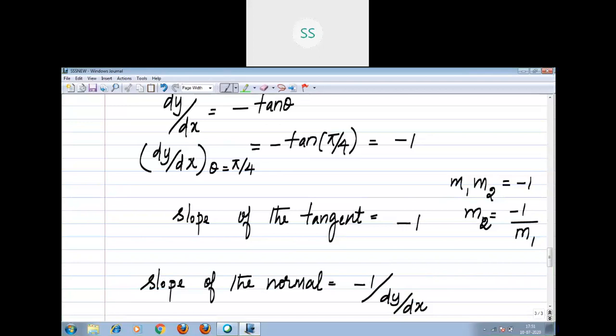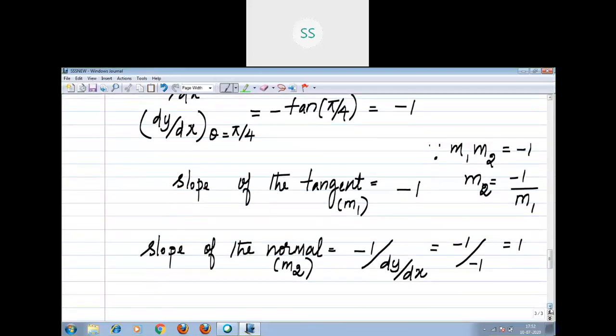So I wrote minus 1 divided by dy by dx, which is equal to minus 1 divided by your slope of the tangent, that is also minus 1, which is equal to 1. You should write that you are using the condition for perpendicular lines. This is your m1, this is your m2, for your understanding. Here what are they expecting in the question, children? Slope of the normal, right?